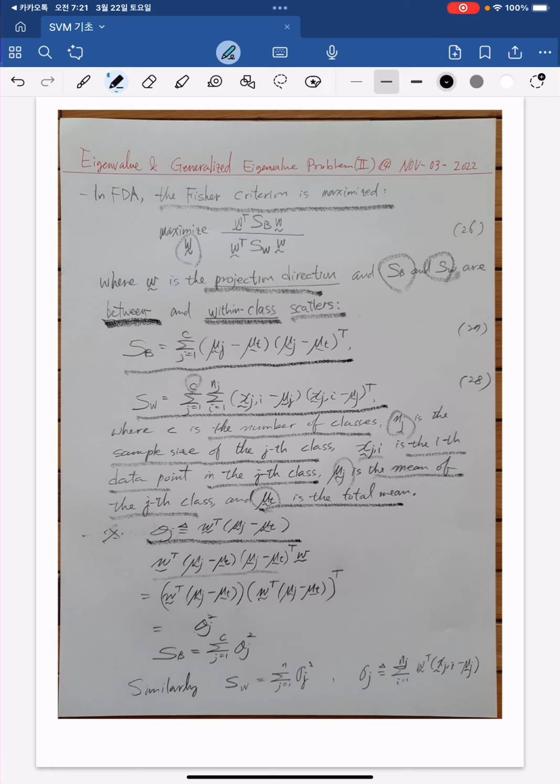여기 W 보시면 요거 이렇게 되고 요 세타 J죠. SB 세타 J SW 세타 시그마 J는 W transpose 어쩌고였어요.